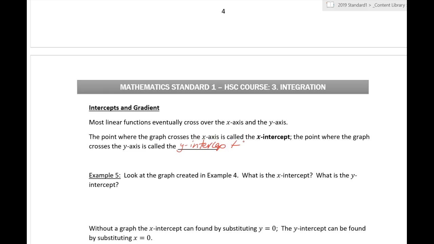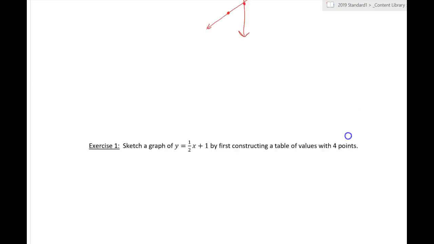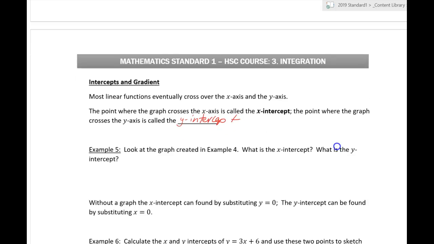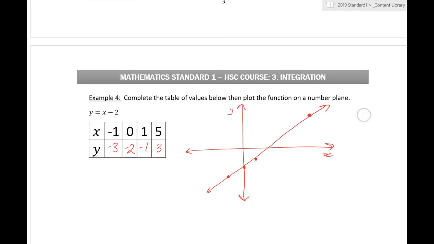Outstanding. Now, we have drawn a graph here. If we have drawn that really carefully, I want to read off the x-intercept and the y-intercept. My x-intercept is where it crosses here, so what are the coordinates for that point?